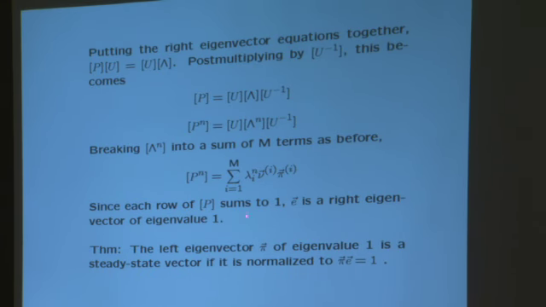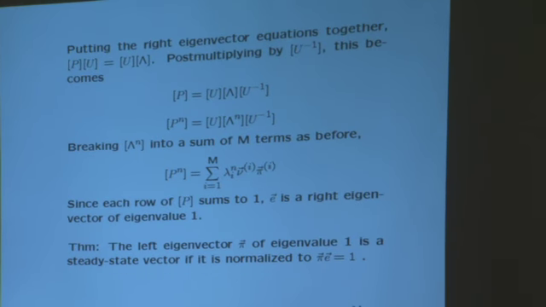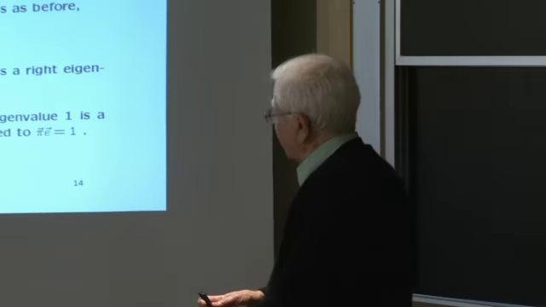Now, each row of P sums to 1, so E is a right eigenvector of eigenvalue 1. So we have a theorem that says the left eigenvector pi of eigenvalue 1 is a steady state vector if it's normalized to pi times E equals 1. Okay, so we almost did that before, but now we want to be a little more careful about it.